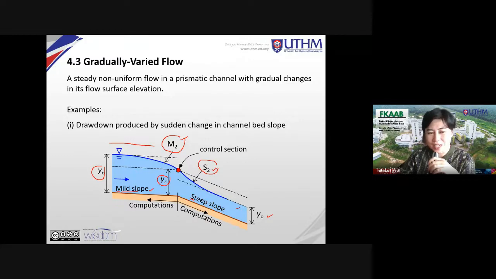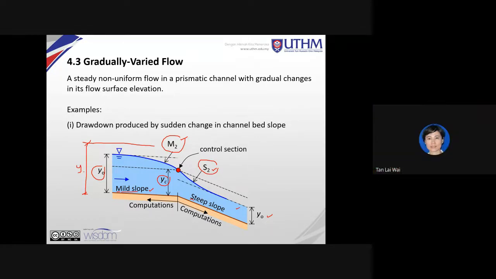If you have a backwater flow, which will increase the Y naught, that means greater than Y naught. I'm going to use another symbol, which is Y. Now, Y would be the instantaneous depth of flow. That means at any time, it'll either increase or reduce.